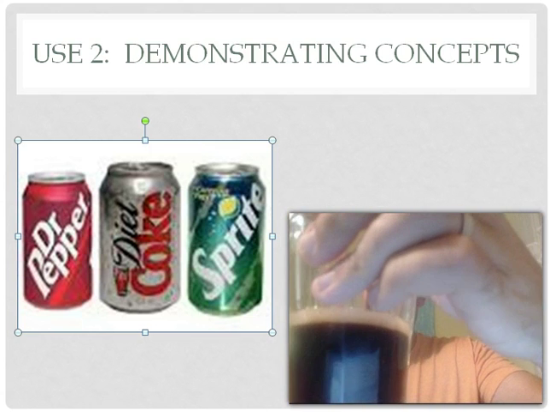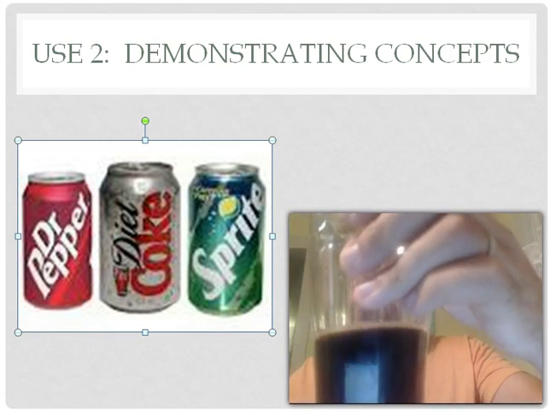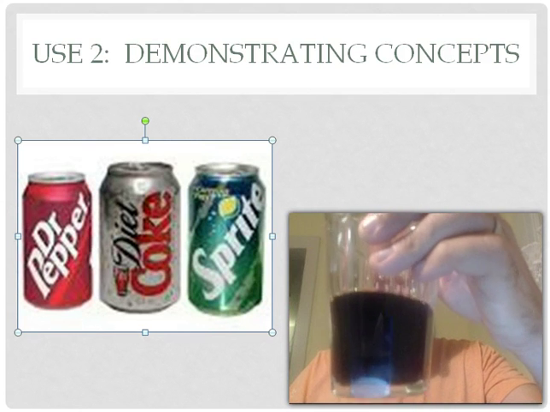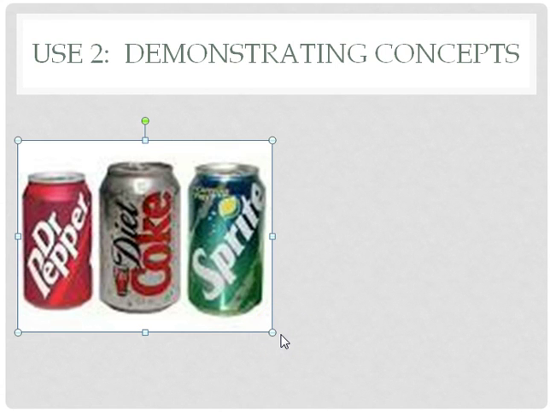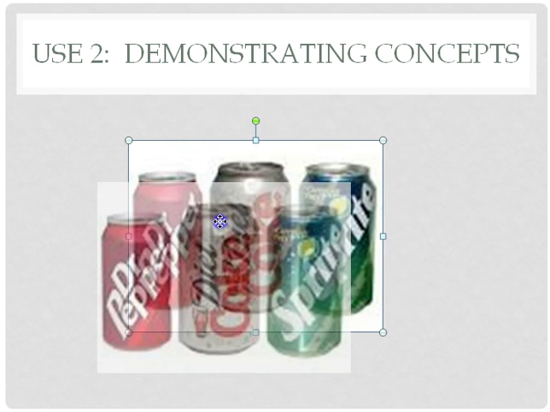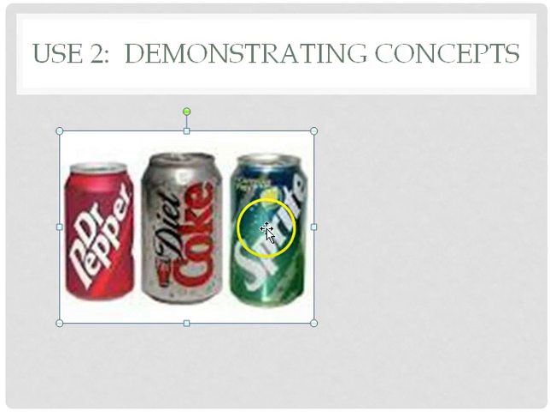Because there's dissolved carbon dioxide in there. And I could demonstrate that concept to the students. Or I could talk to the students about what kind of concepts they need to learn from this. And I can say, go experiment, and I can move this around, and I can do all sorts of things. So this is really a flexible way to use flipped learning for demonstrating concepts.